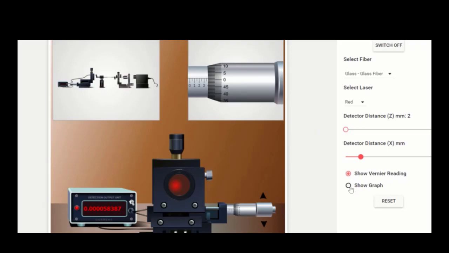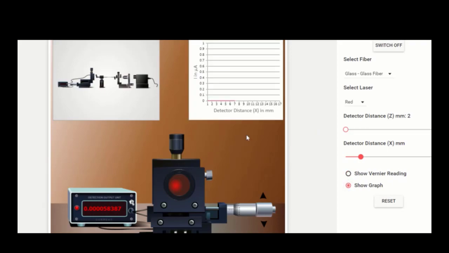When you click on show graph, you will have a graph over there, and in this experiment you have to plot this graph. You see when you are increasing your detector distance, your current has been increasing. After a certain distance, it again started decreasing. So in this experiment, you have to adjust the detector distance in a way to get this current in the Gaussian form.